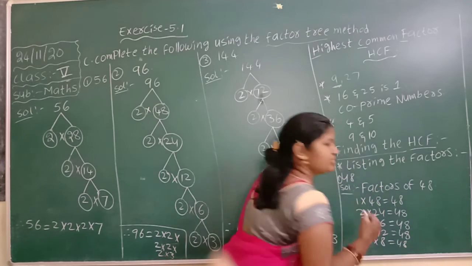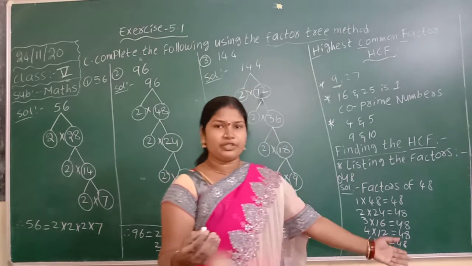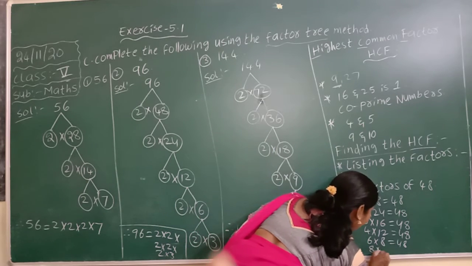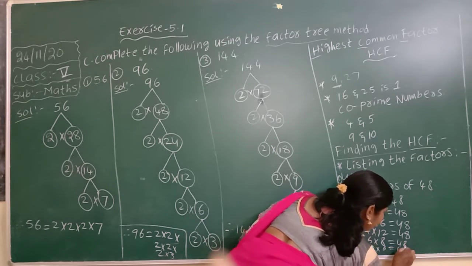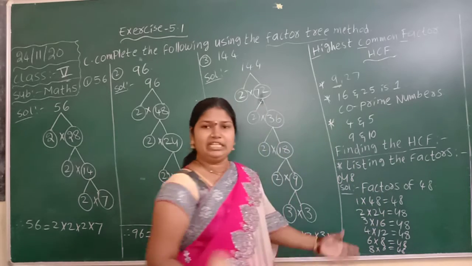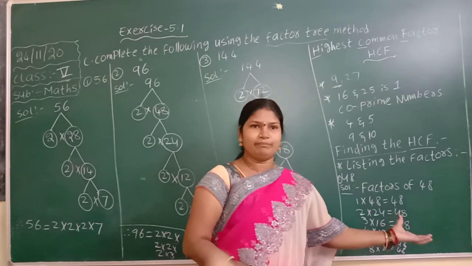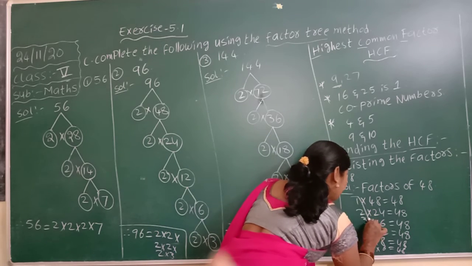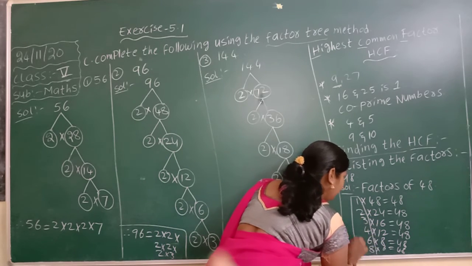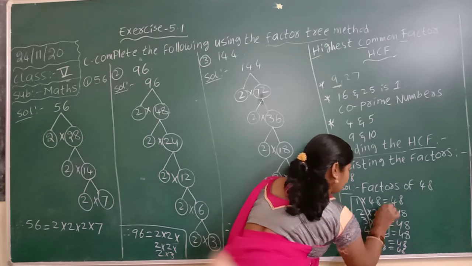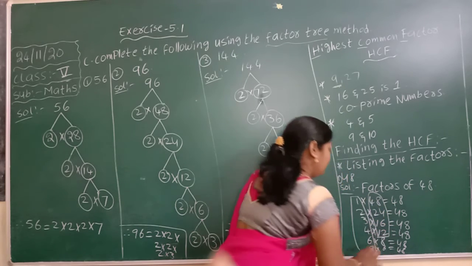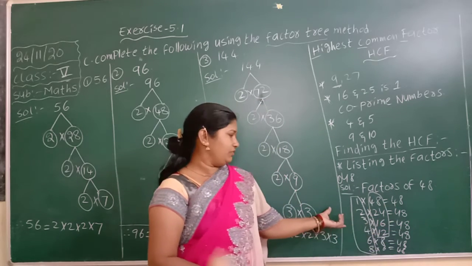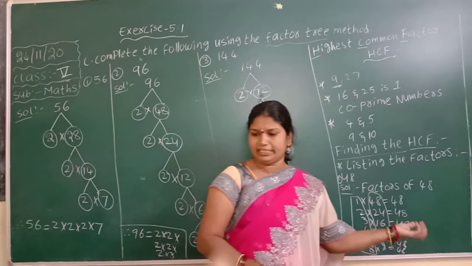In the 7 table, 7 sevens are 49, you won't get 48. 8 table, again 8 sixes are 48. When the multiples are repeating, then you can stop. So these circled numbers are known as the factors of the given number 48.